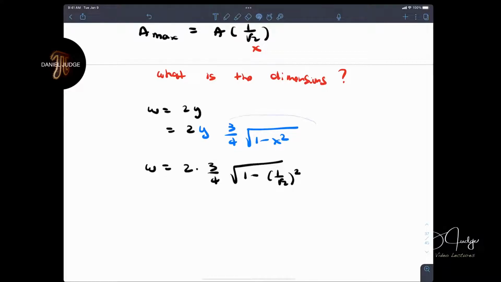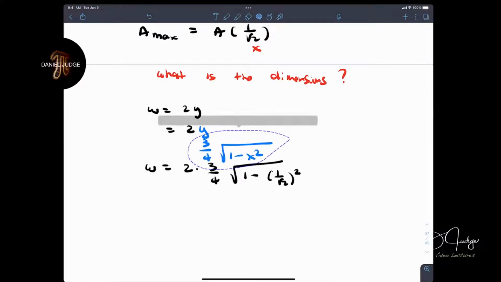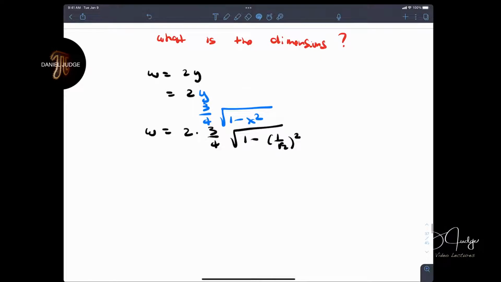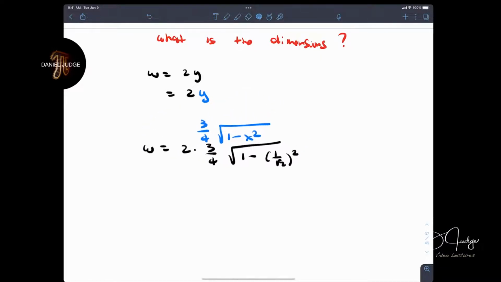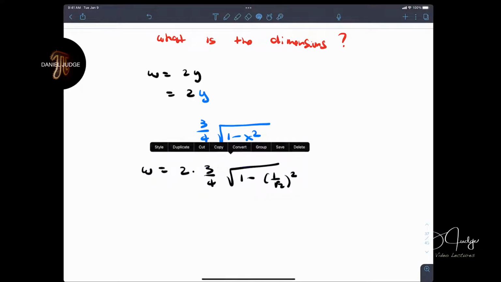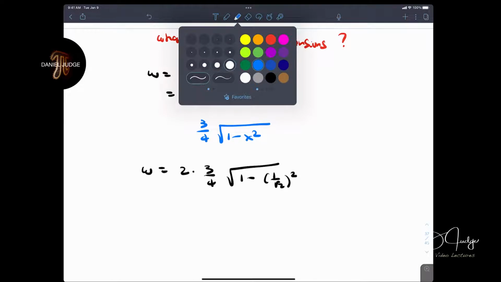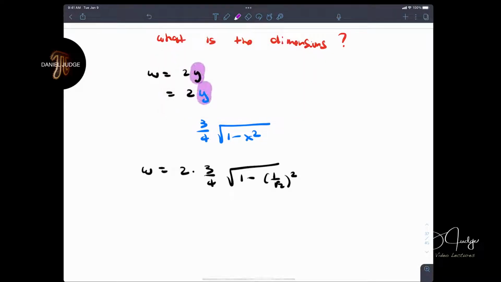Okay, I want to move things out of the way here. So remember, this is my 3/4 there. I'm going to try to move it. Okay, here's the y value. Guess we colored it purple. Here's y.